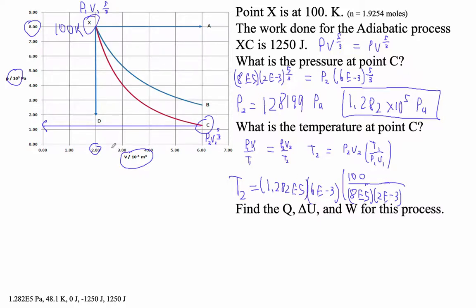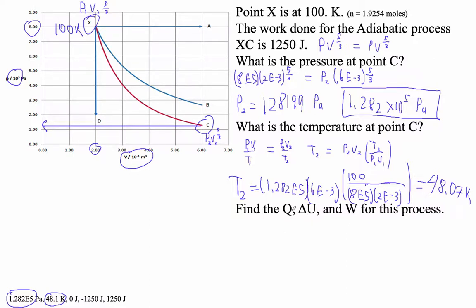Remember these volumes are times 10 to the minus third, and the pressures times 10 to the fifth. So I take that number on my calculator, multiply by 6E minus 3, multiply by 100, divide by 8E5, divide by 2E minus 3, and I get 48.07 kelvins. So that's our second answer. We got our first answer, we got our second answer.